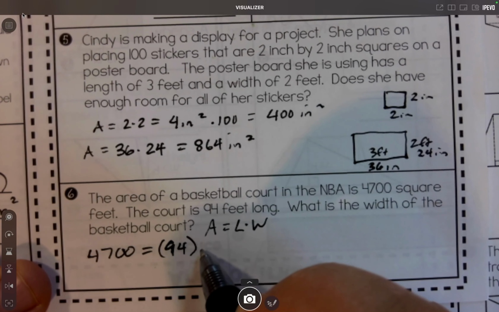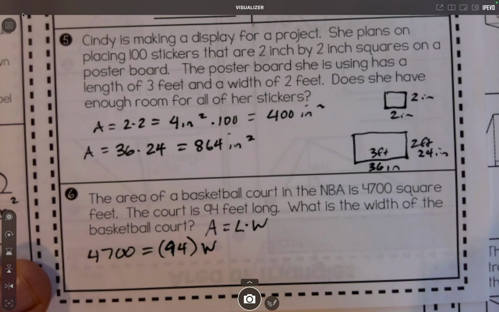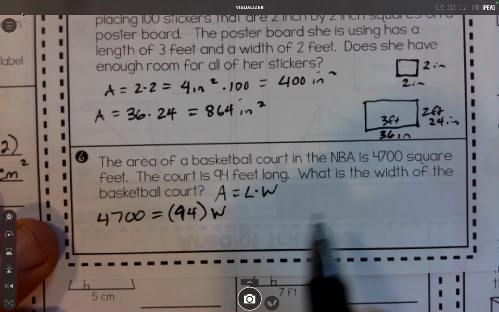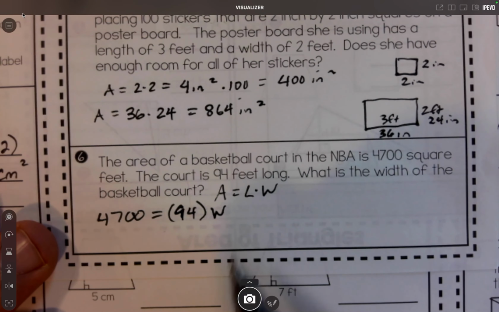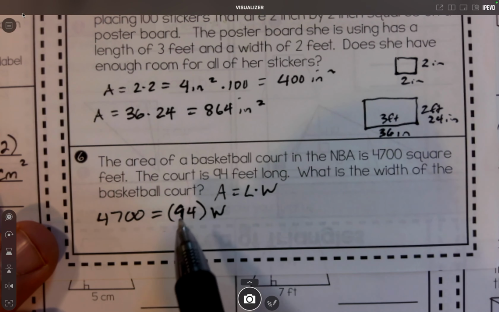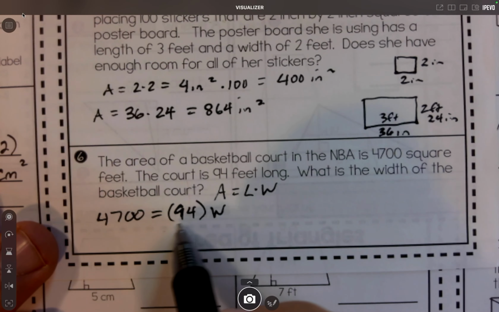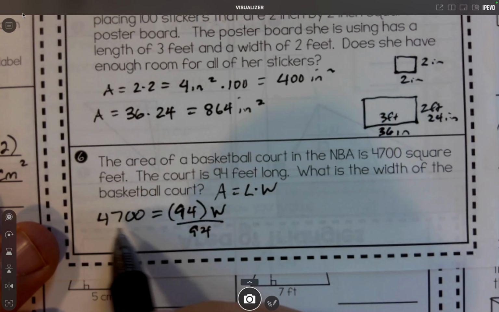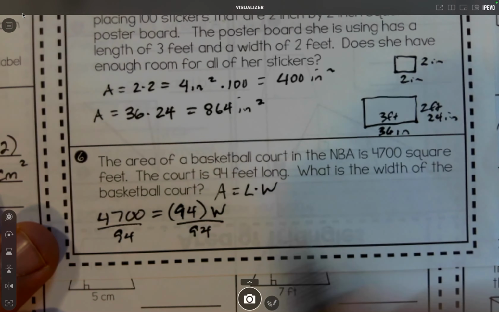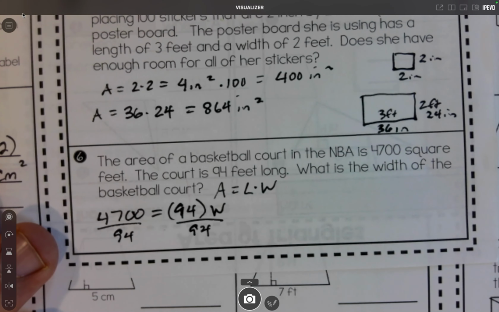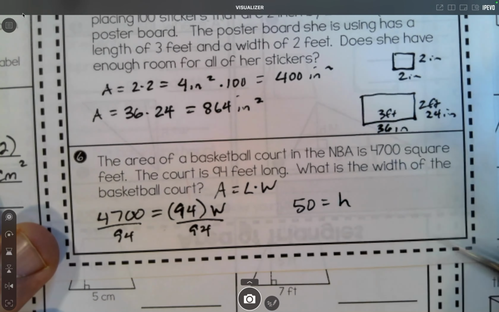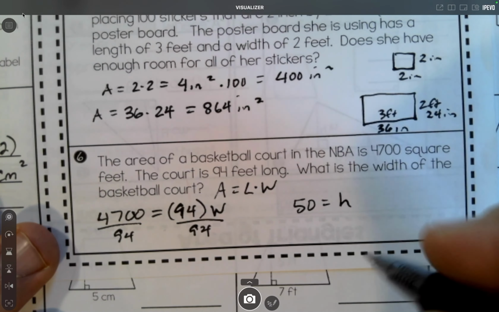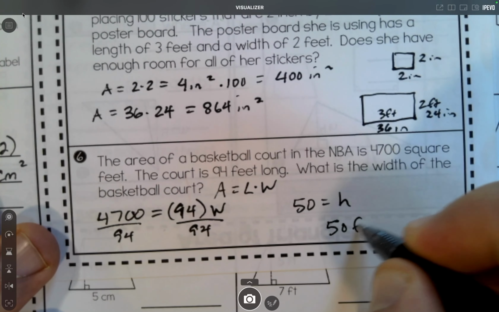What we don't know is the width, the W. So once you plug these in, hopefully it's easy to say, oh, okay, I've got to solve for W. Well, right now, W is being multiplied by 94, so I need to divide both sides by 94. So we do 4,700 divided by 94, and turns out that is 50. So the court is 50 feet in width.